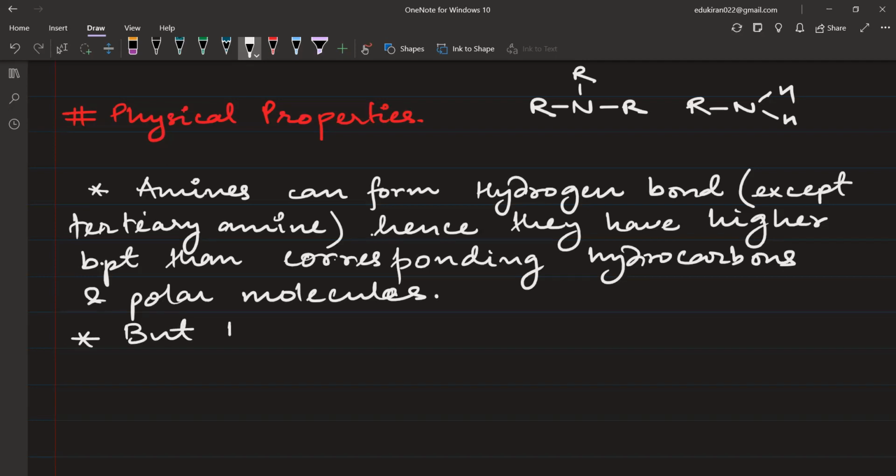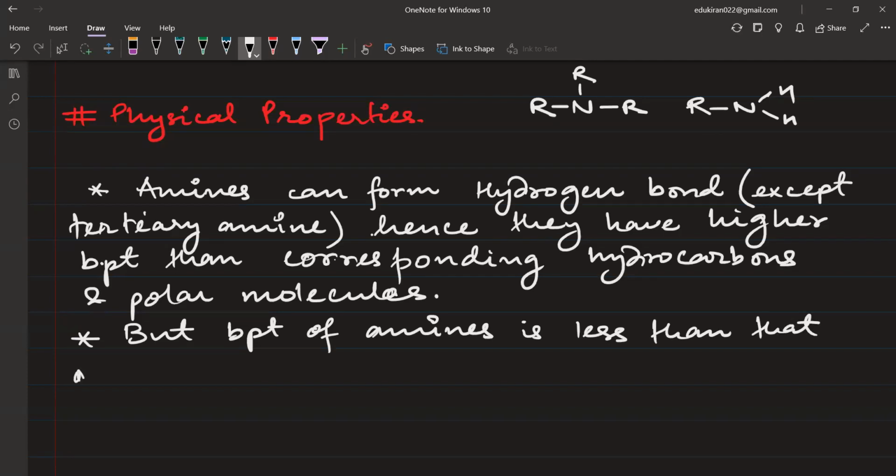But boiling point of amines is less than that of alcohol and carboxylic acid.